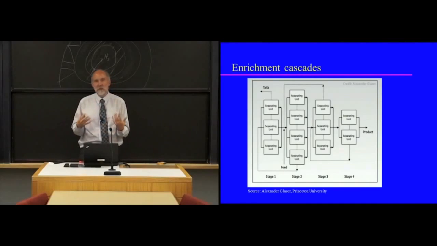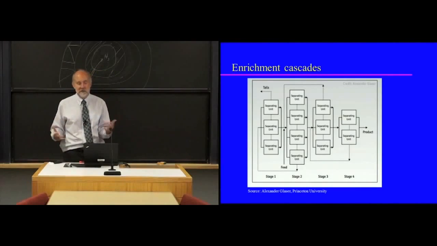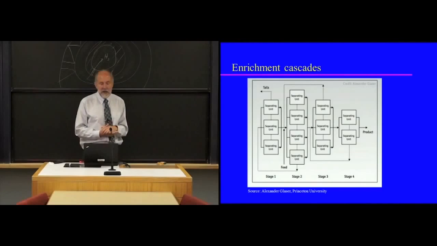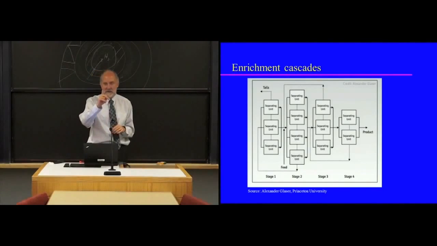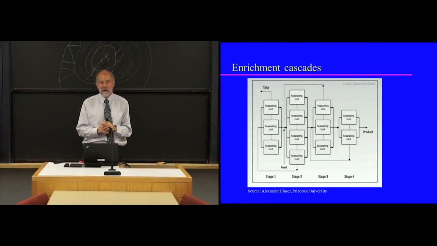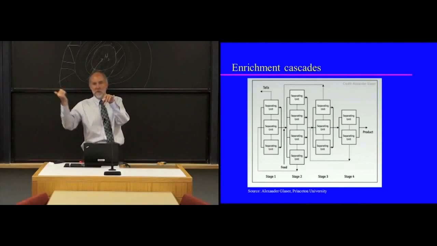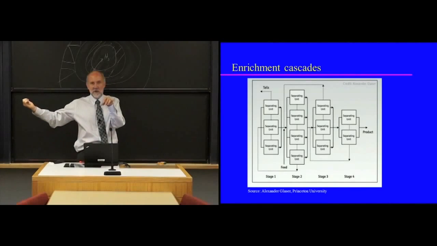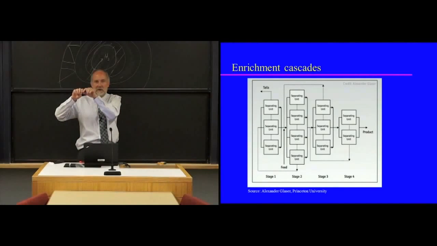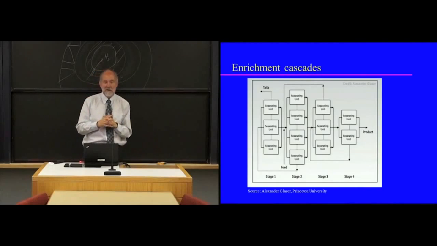So you have lots of separating units, whatever technology of separating unit you've got, and you put the feed in more or less in the middle of the cascade, and then the stuff that is a little bit more enriched goes toward the product end of the cascade and gets more and more enriched at each stage. And at each stage, the stuff that's a little bit less enriched gets fed back to the previous stage, so that you can strip more of the stuff out.